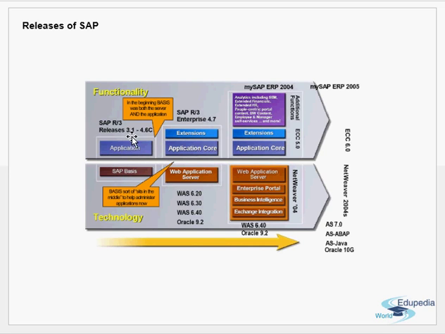They released from 3.1 to 4.6c, where we have the application and SAP basis. Here comes the term SAP basis. This basis is nothing but it sits in the middle to help administer the applications.